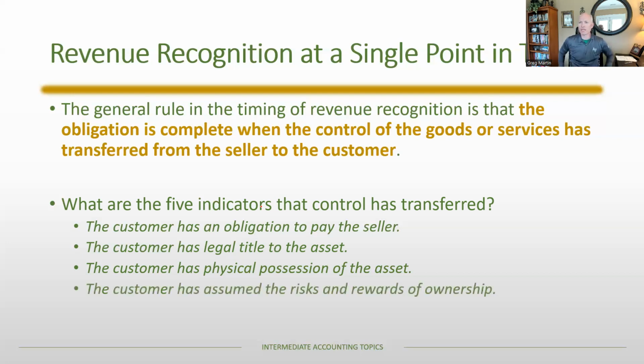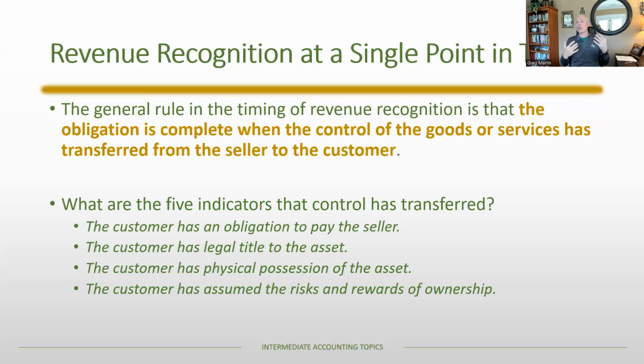This is a more ambiguous one. The customer has assumed the risks and rewards of ownership. Keeping with the car example, because I think it's something we can all more readily understand, if I'm the one that has to insure it, if I'm the one that has to fix it if it breaks, but also I get to be the one that determines where I drive it and how long I drive it.